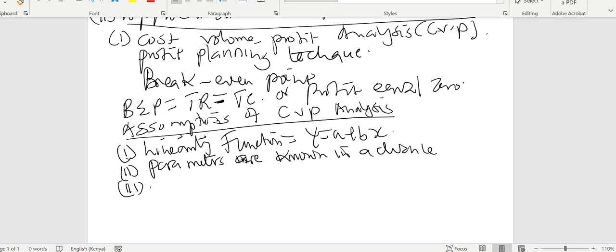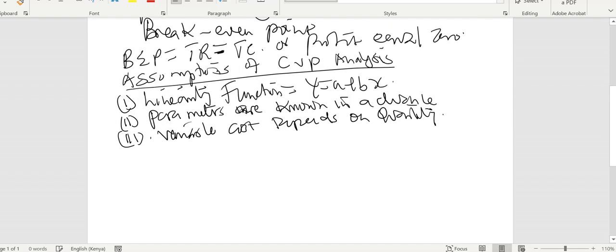On quantity. Are you together? Yeah. The variable cost depends on quantity. So the moment you increase your quantity, the variable cost also goes up.